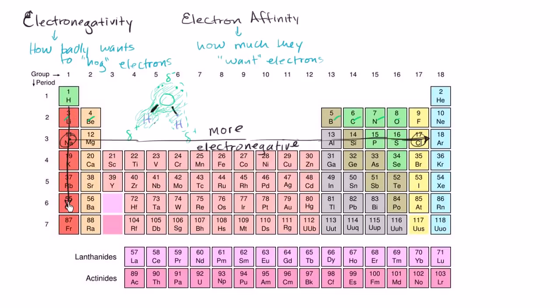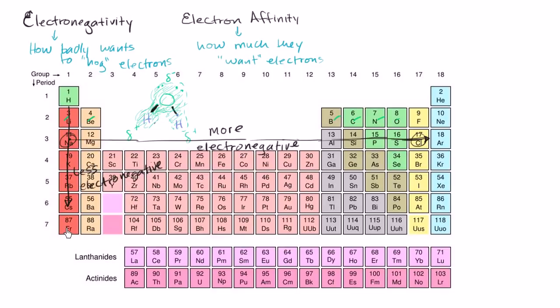Because of that, one, there's more interference between that electron and the nucleus from all the electrons in between, and also it's just further away, so it's easier to grab it off. So cesium is much more likely to give up electrons than hydrogen. So as you go down a given group, you're becoming less electronegative.